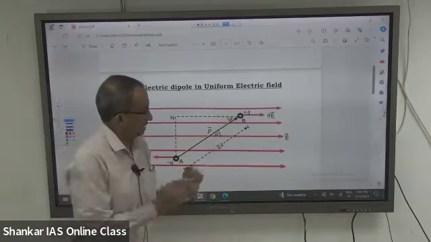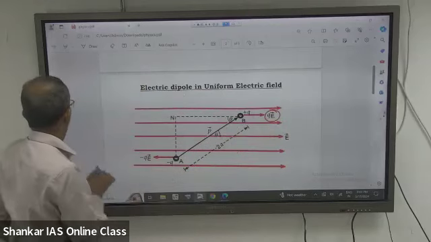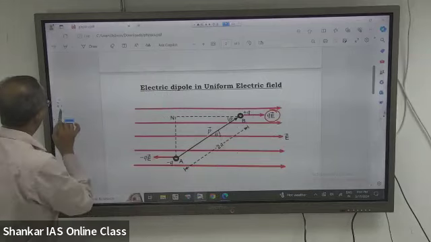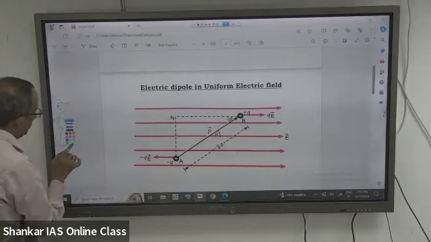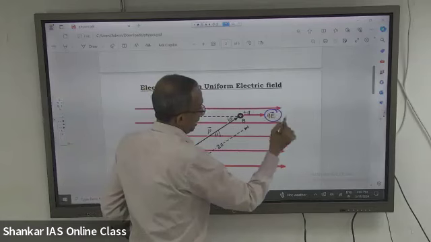Due to this charge, a force is acting. The force here is in this direction.